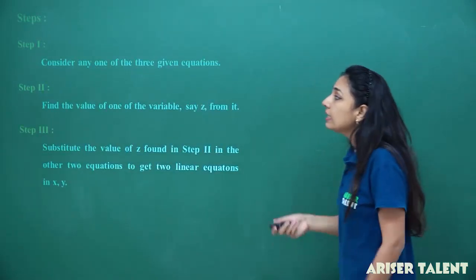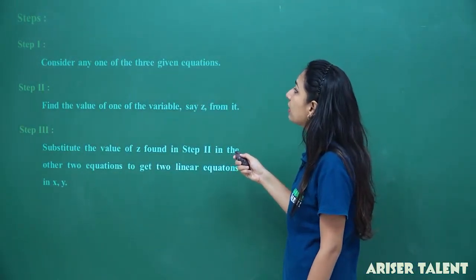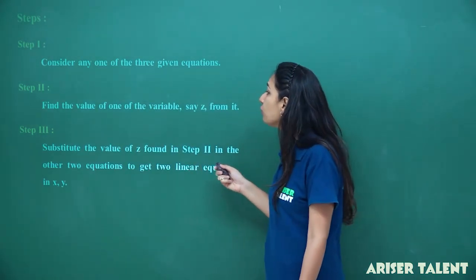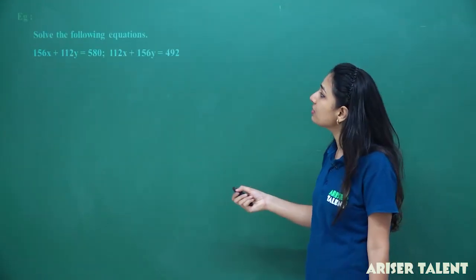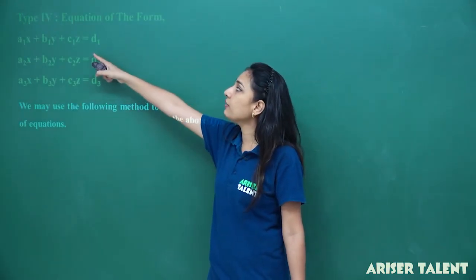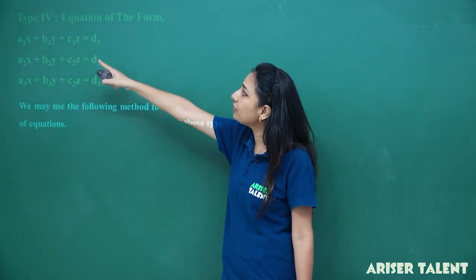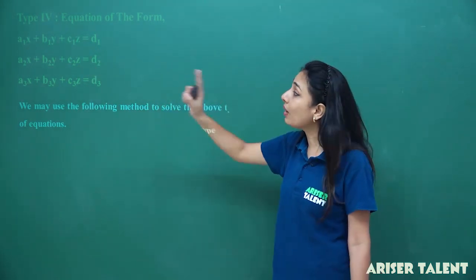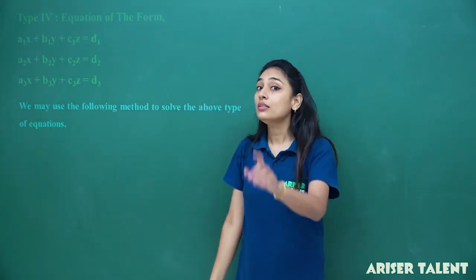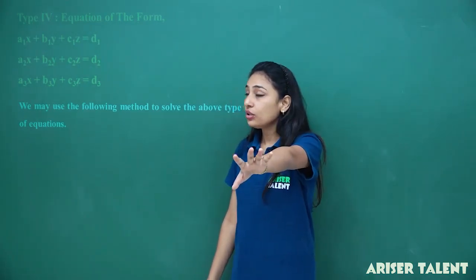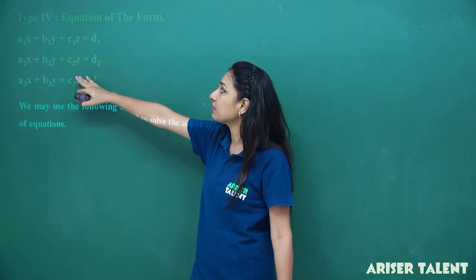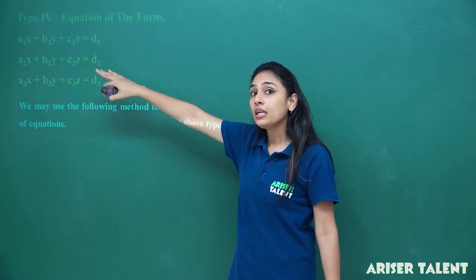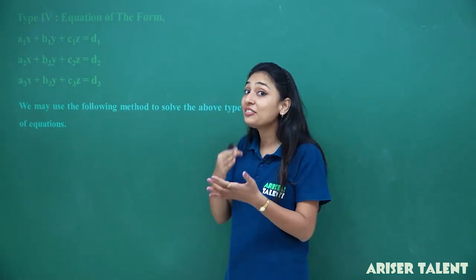Let's find out. In step first, consider any one of the three given equations. Now, find the value of one of the variables, say z, from it. I am considering this equation and from it I will find the value of z in terms of x and y. So if I put the value of z in this equation, it will become in the format of x and y.